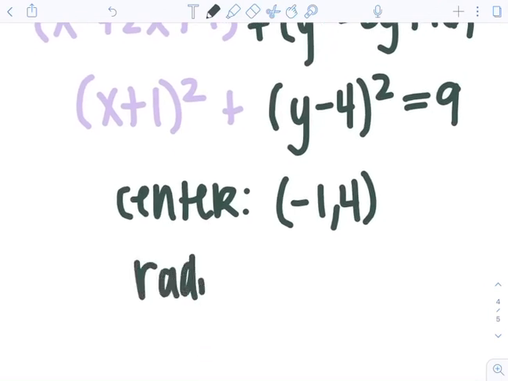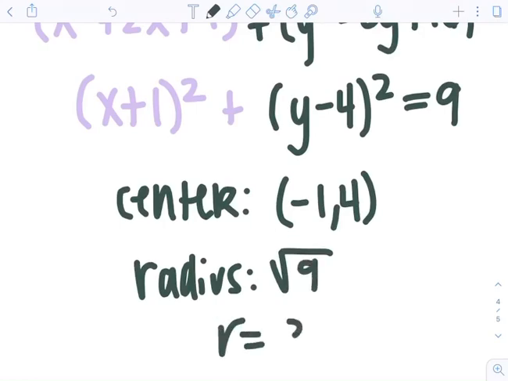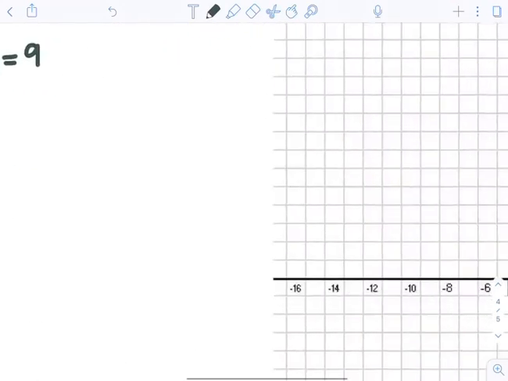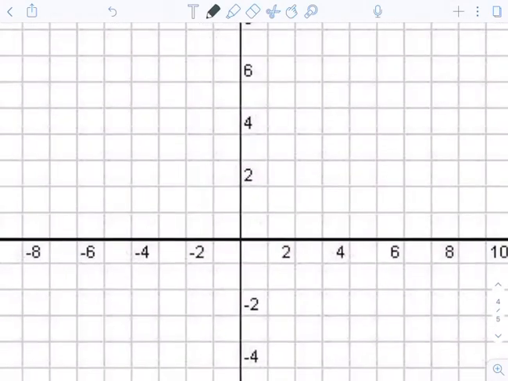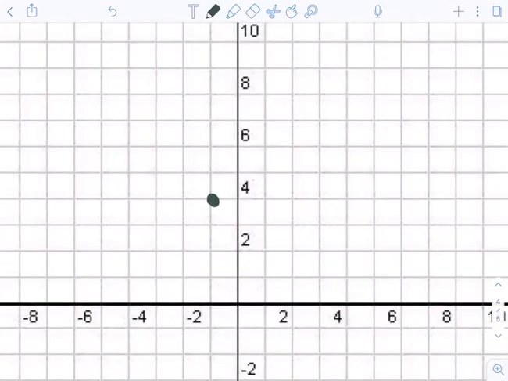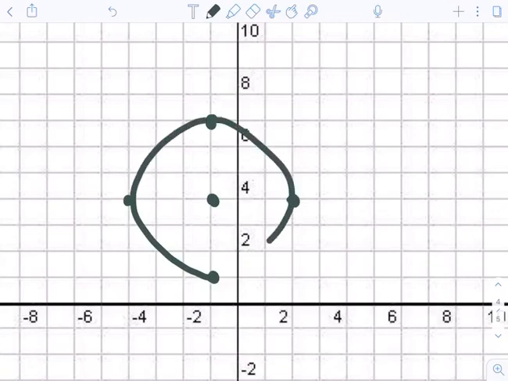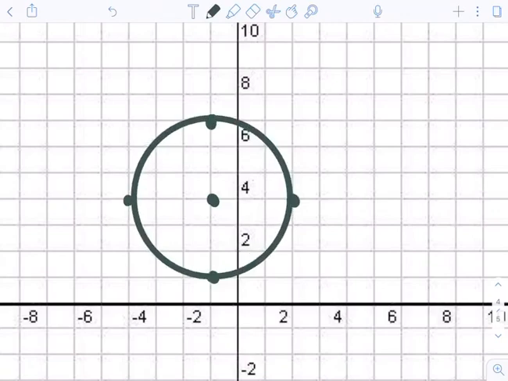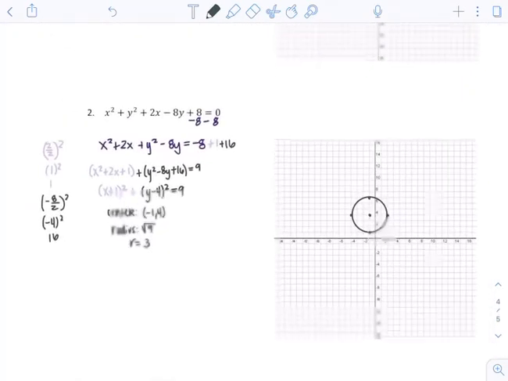My radius is the square root of 9, so r is equal to 3. So negative 1, positive 4, my radius is 3. So up 3, 1, 2, 3. To the right 3, 1, 2, 3. To the left 3. Down 3. And there you have it.